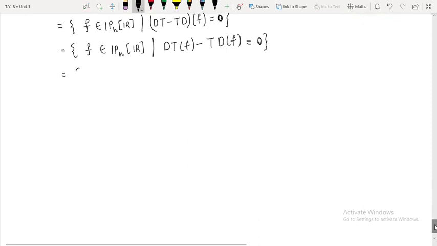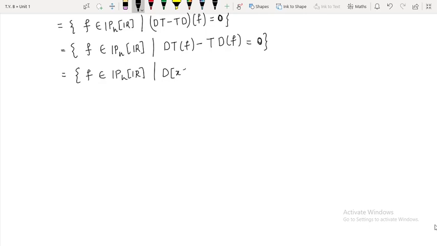Now T of f is actually nothing but what? See how T is defined, I have just explained. It is simply multiplying that f by x.